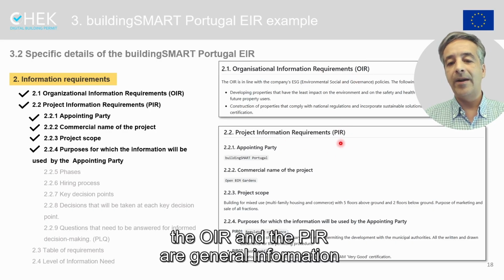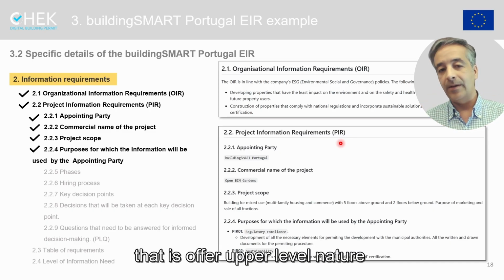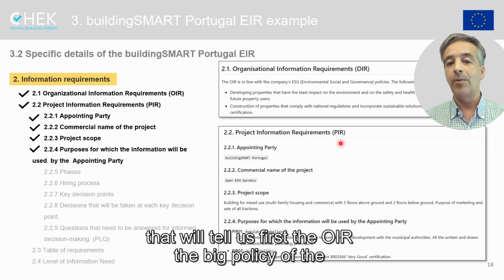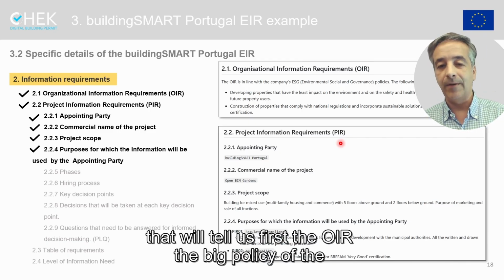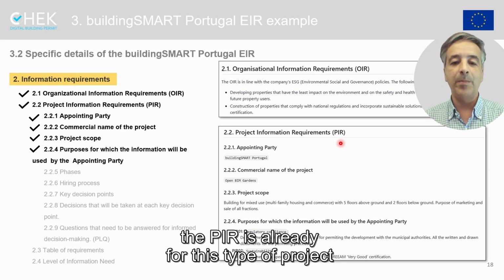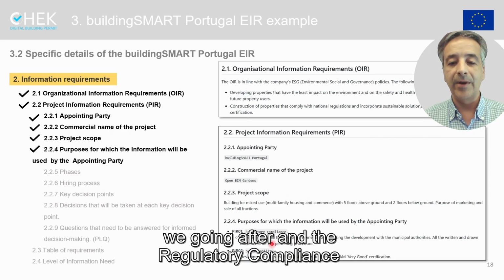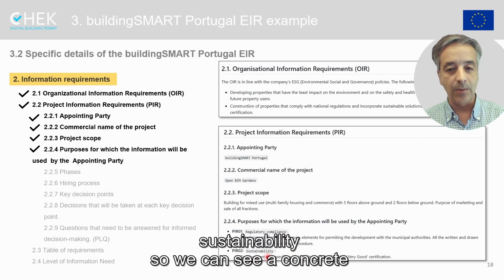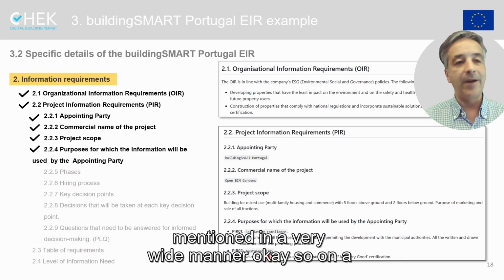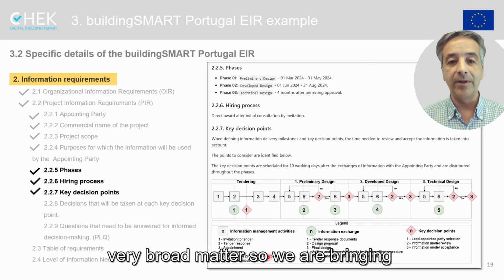But the OIR and the PIR are general, upper-level information that will tell us first, with the OIR, the big policy of the company, what they are looking for. Then the PIR is already for this type of project and for the scope of this project: what are we going after, and the regulatory compliance, sustainability. So we can see concrete examples of things that are normally mentioned in a very wide, very broad manner. So we are bringing concretization.